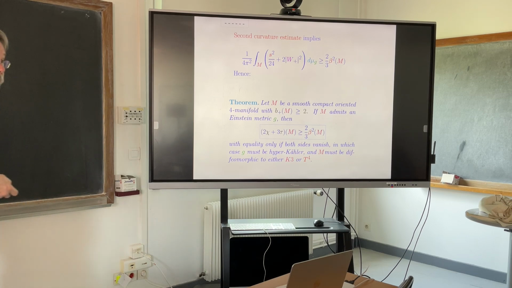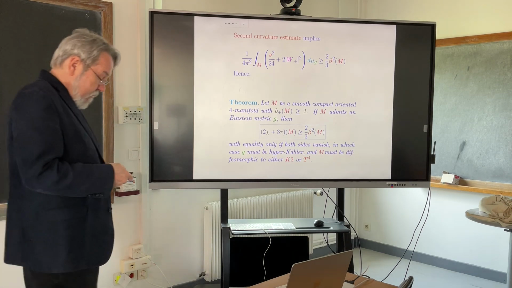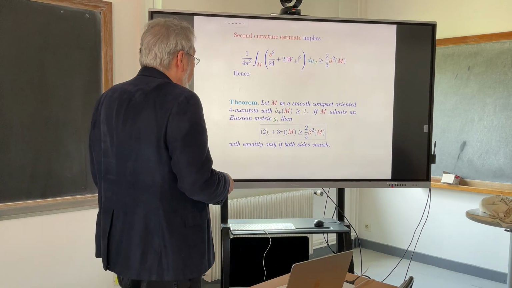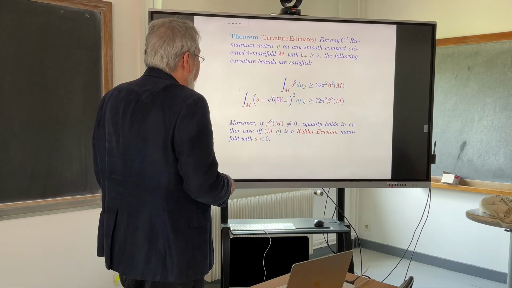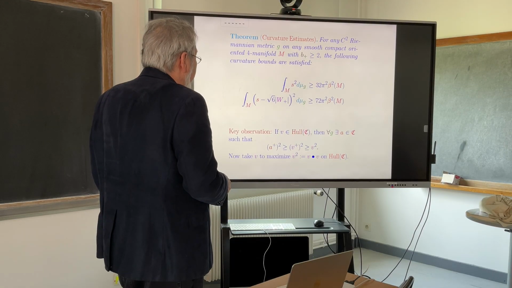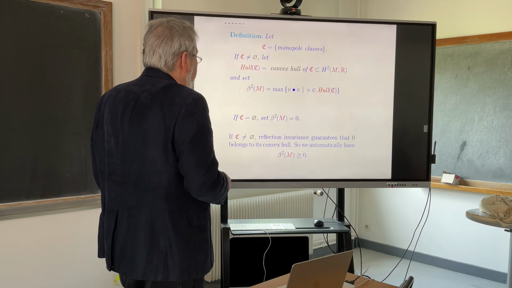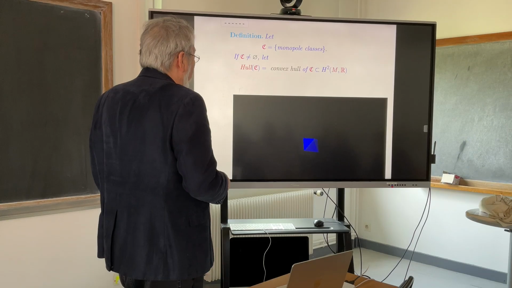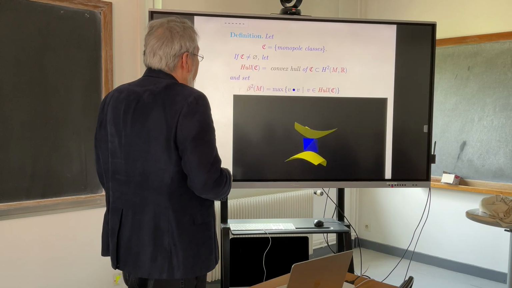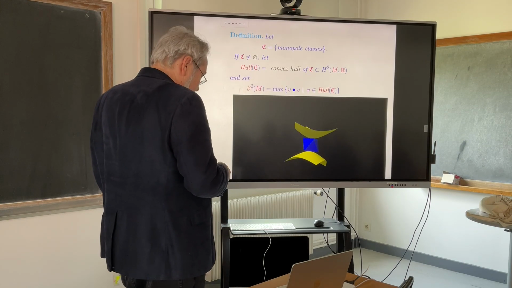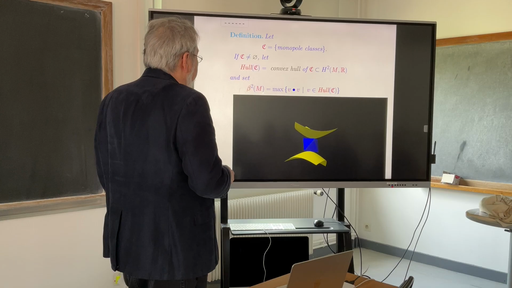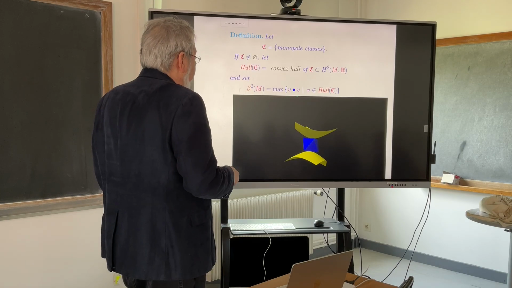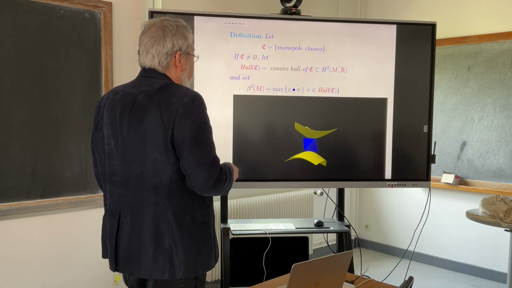All right. I'm sorry. Can you explain once more what is beta? Okay, so let me go back a number of slides. This is the thing where we talked first about the notion of a monopole class. We have a convex hull of the monopole classes. And now what you do is you maximize over the convex hull V squared.